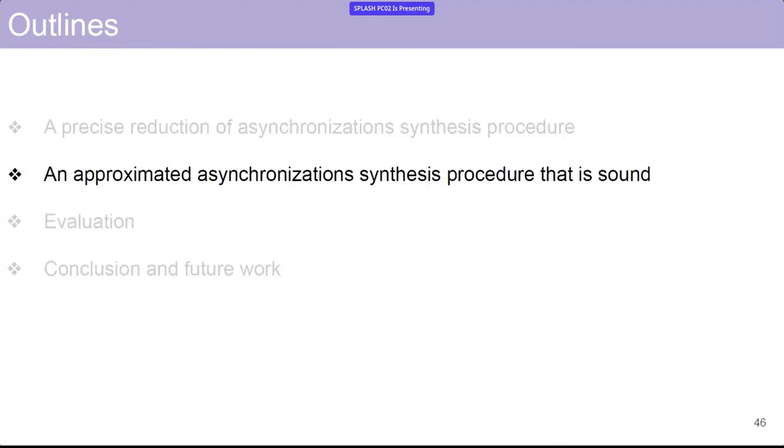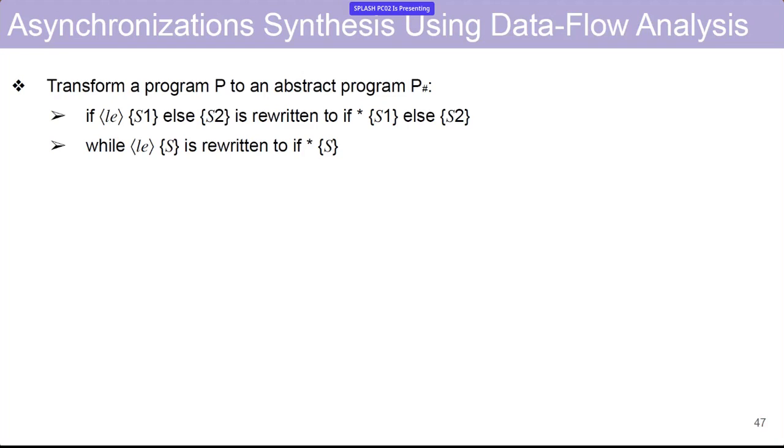Now, using this reduction for the problem of asynchronization synthesis, we developed an approximated solution where we do some data flow analysis. In particular, we transform an original program P to some abstract program P sharp, such that the if statements are changed to non-deterministic if statements, and the while loop is changed to a non-deterministic if statement. Here you can ask the question why we only unfolded the while loop once.